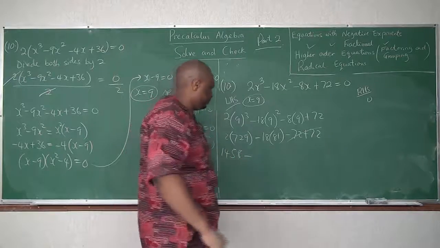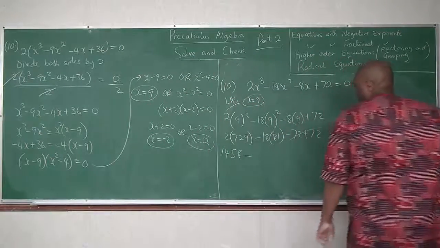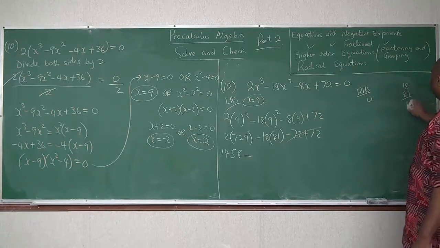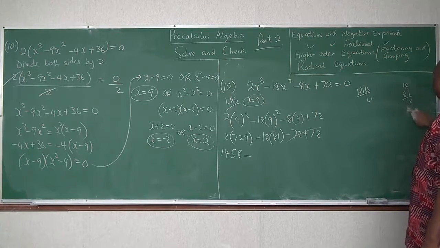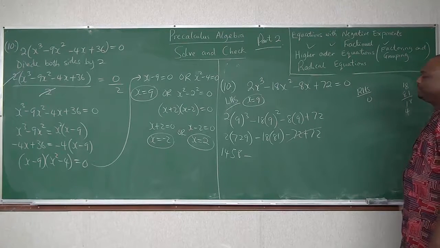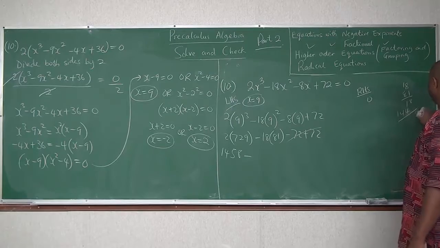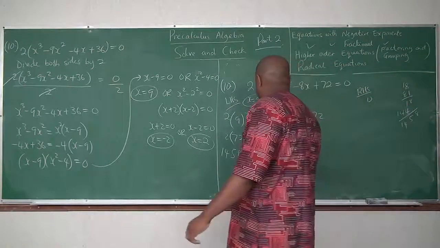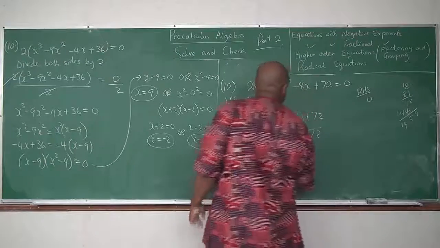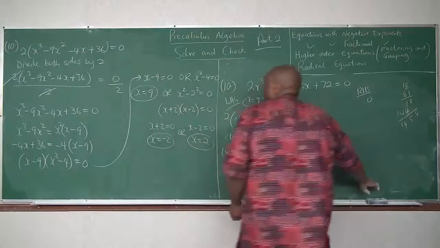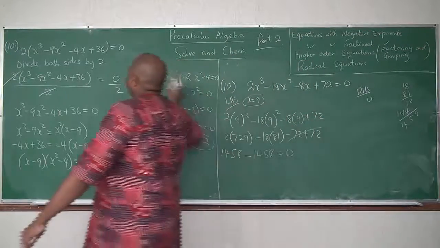Minus, let me do 18 times 81, which is 1458. So 1458 minus 1458, and that is 0. So x equal to 9 works. Okay? Let's do x equal to negative 2.